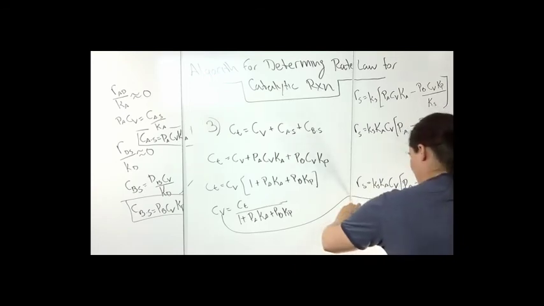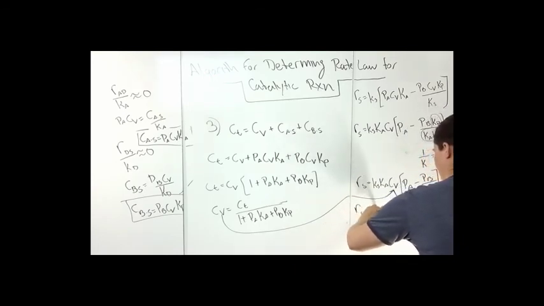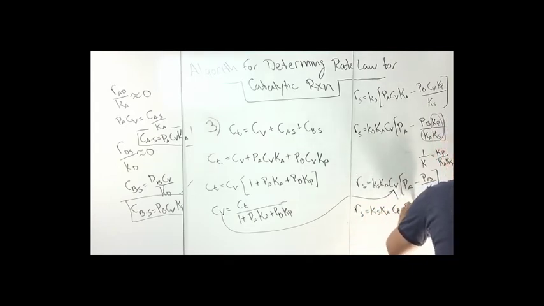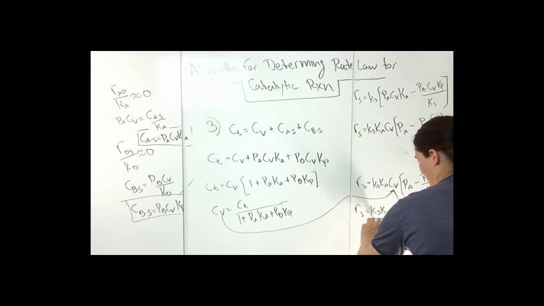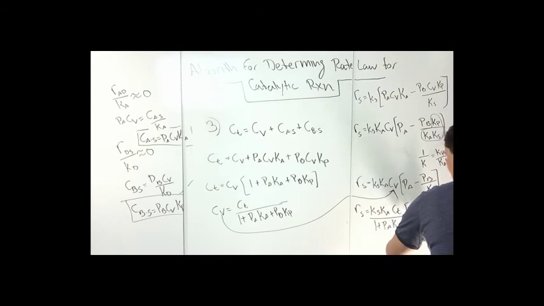So RS is equal to KS KA multiplied by CT, times PA minus PB over K, all divided by 1 plus PA KA plus PB KP. So this is all in terms of things that we should know or can measure. We can determine the constants from lab experiments, we can measure the partial pressures, and we should know our total concentration of sites.